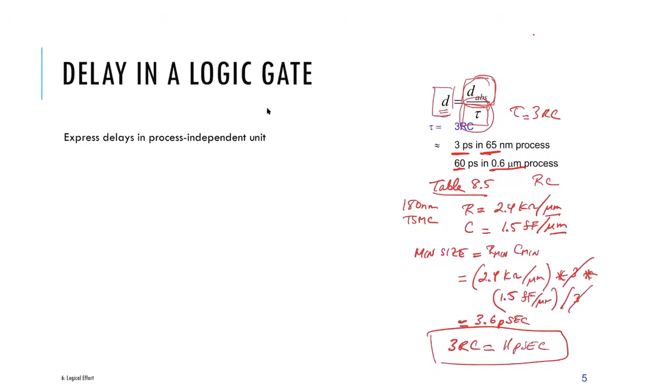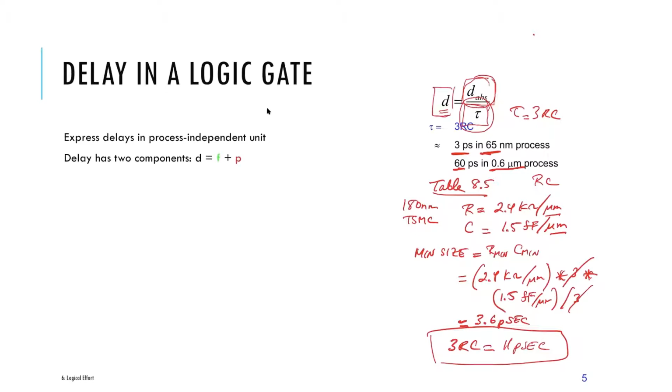When you're done, you will get something in units of D, and no matter what process you're in, you multiply that by the tau of that process to get the absolute delay.